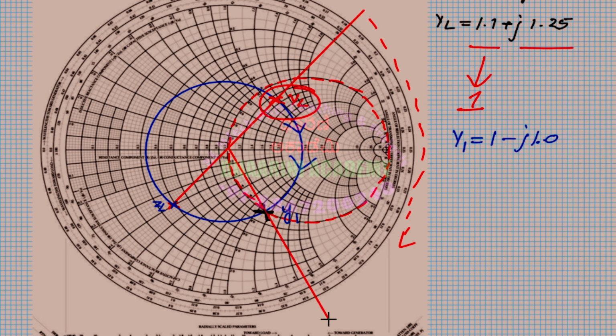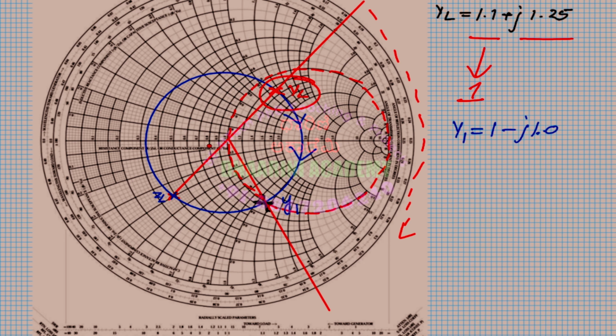Now we need to measure two things. First thing is, what is this length? What is this value you need to measure? Until here we have moved so that we reach this.